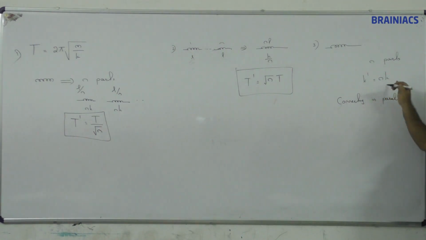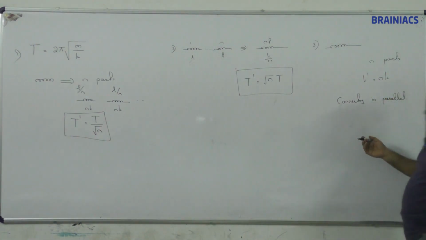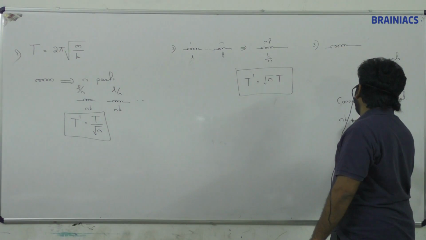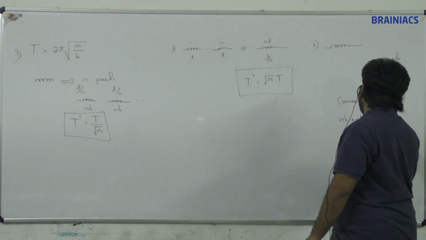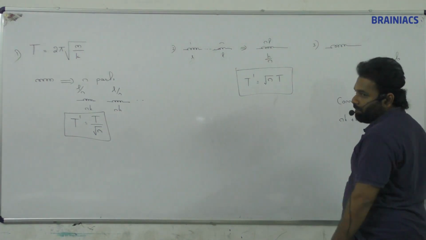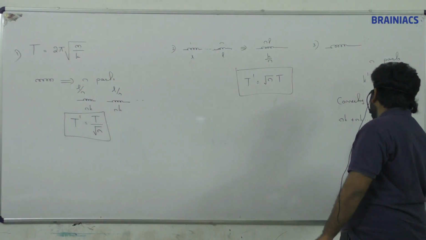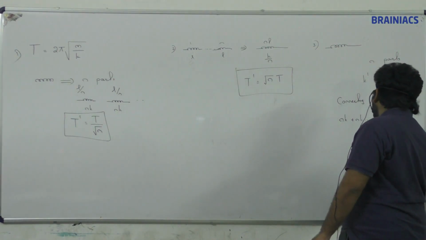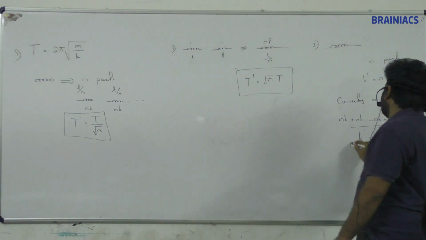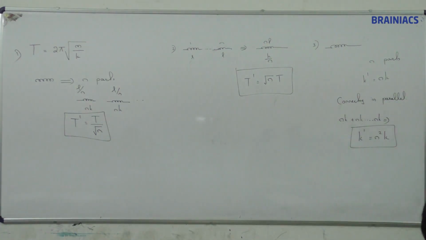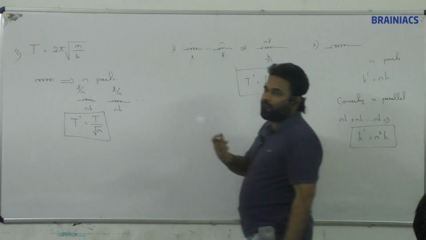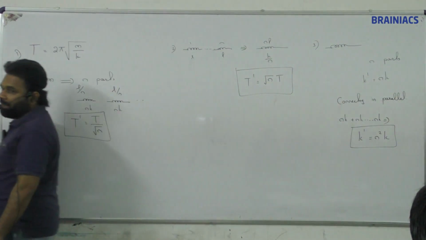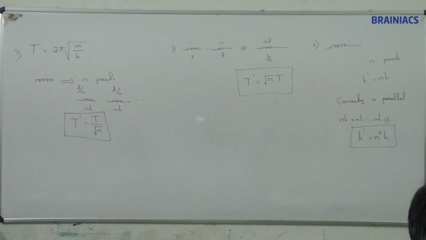So nk plus nk plus nk is what is going to happen. So the k dash is going to be what? N square k. Correct? If you are dividing the spring into n equal parts and connecting them in parallel, then N square k.